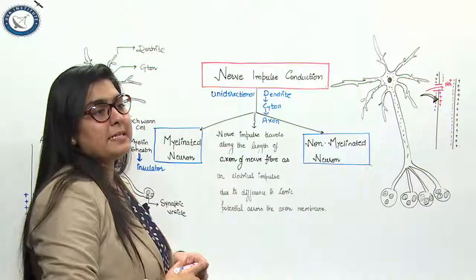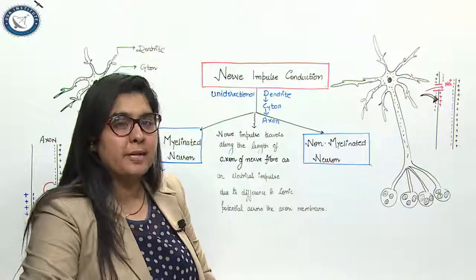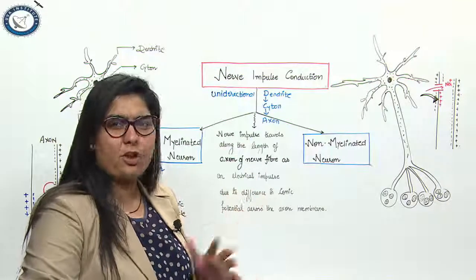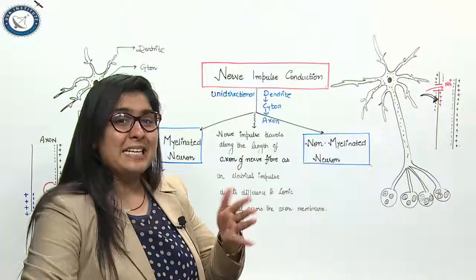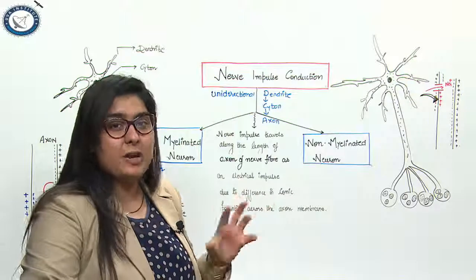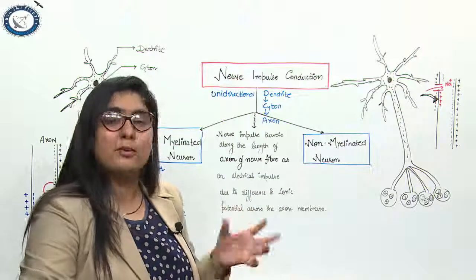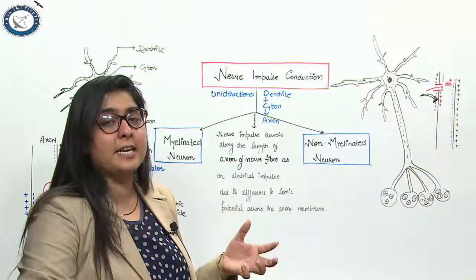And this nerve impulse travels along the axon of nerve fibers as an electrical impulse because of the change in the ionic potential along the axon membrane. Now, this ionic potential is created along the axon membrane because of the opening and closing of the ion channels, right, which we have discussed in the nerve impulse conduction.